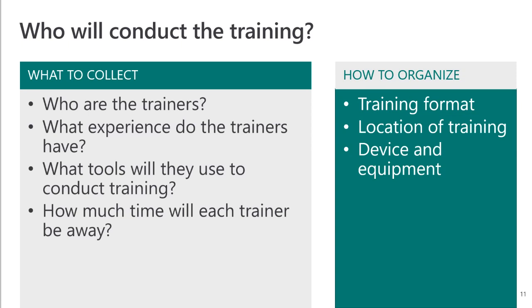So again, you're going to want to organize by the training formats, the locations where the training is happening, because if your trainers need to move from facility to facility, you'll need to account for that in your plan and in your communication with your trainers.